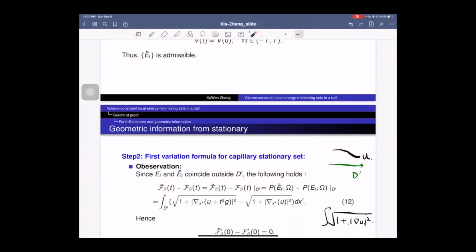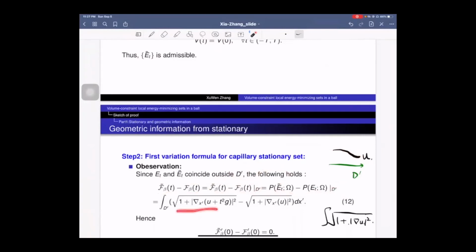And since D prime is inside, the free energy's boundary term is indeed the same thing. So we only have to consider the inside parameter at D prime, which is the surface area. And by local graph, we can easily compute the surface area.